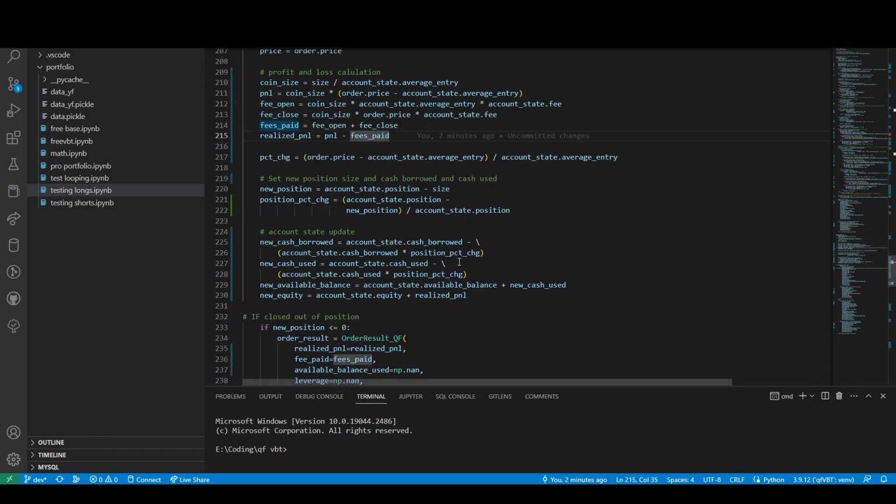One problem I'm still thinking about is this problem right here, which is what if I closed out like 3/4 of my position? So I go from like $100 to $90. But then my new available balance, since I'm getting money back from the cash used, right?